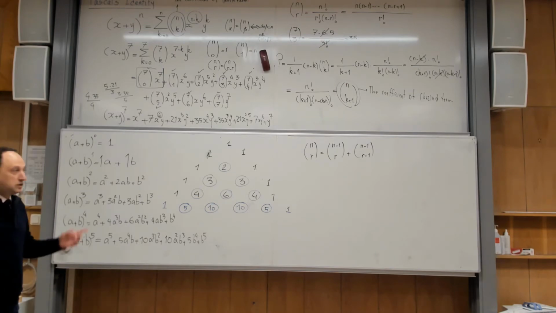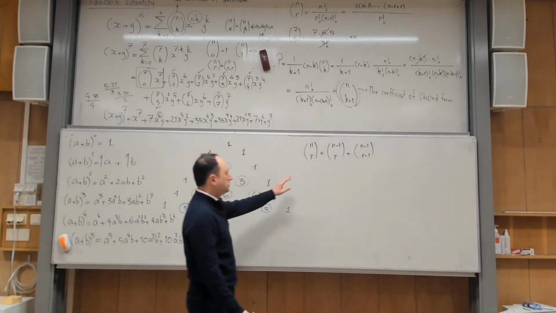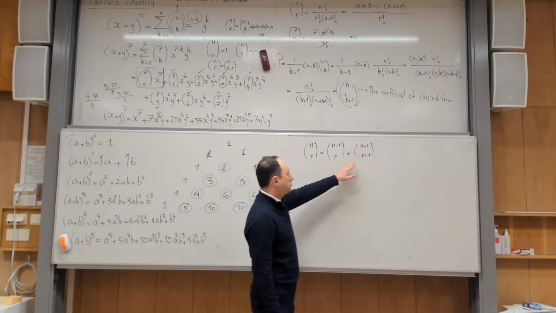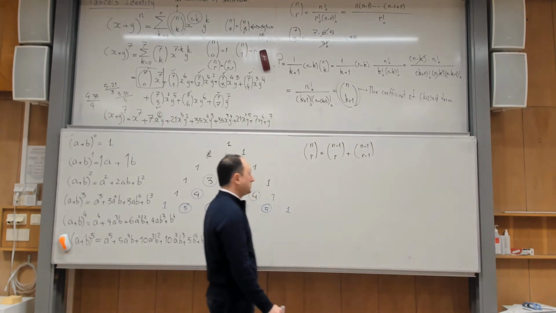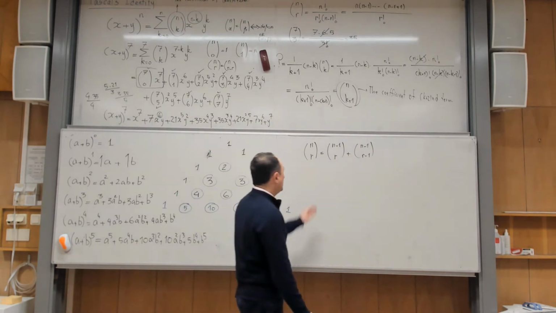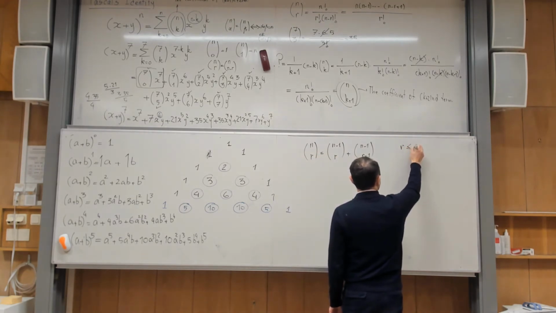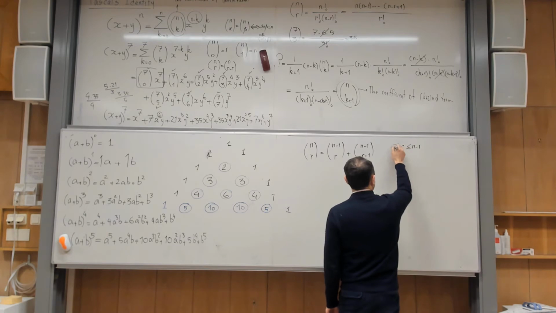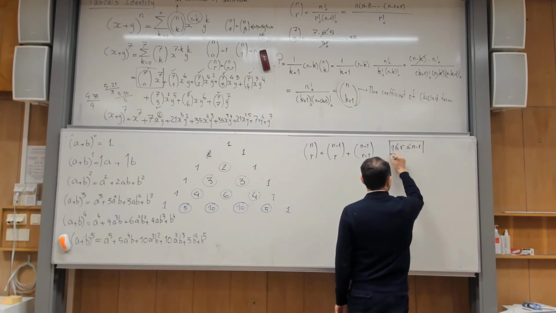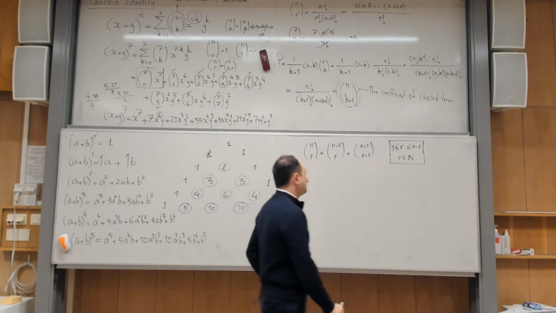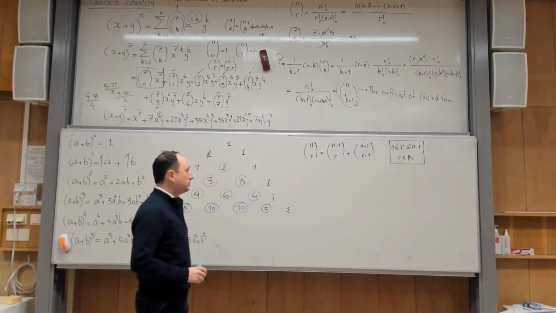This is called the Pascal identity. Of course, for the Pascal identity to make sense, r should be at least 1. r cannot be 0. Yes? So r should be somewhere between 1 and n, and of course, r should also be natural. This is called the Pascal identity.